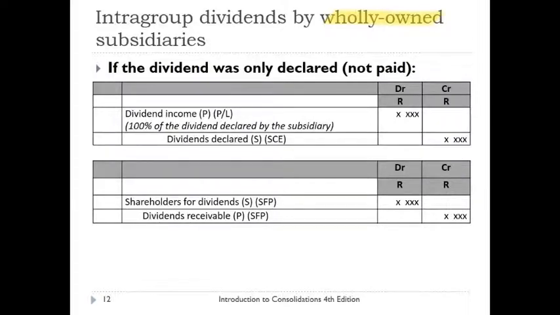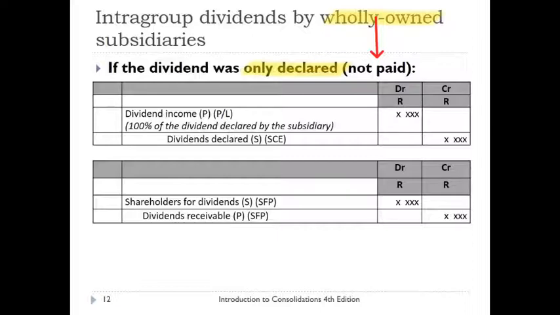The first scenario, wholly owned subsidiary, and the dividend was only declared and not yet paid. So now we need to think what are the transactions and balances coming through from the separate financial statements of the parent and the subsidiary that I have to eliminate.